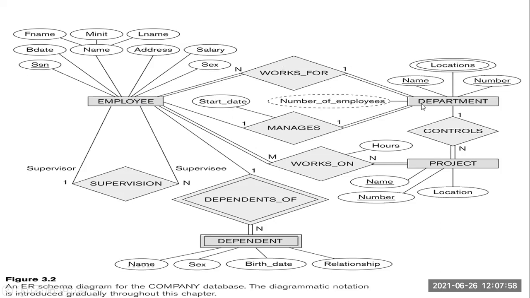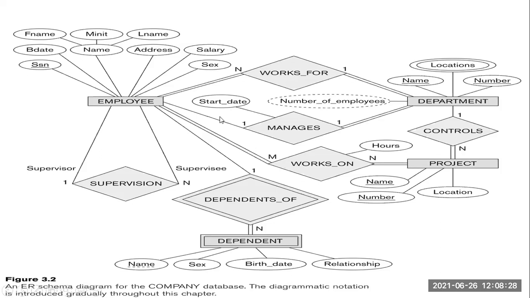Many employees are working for one department. Many employees cannot work for n number of departments here, so that also matters. And vice versa, 1:n: one department is getting worked by many employees. Okay, so this is done.